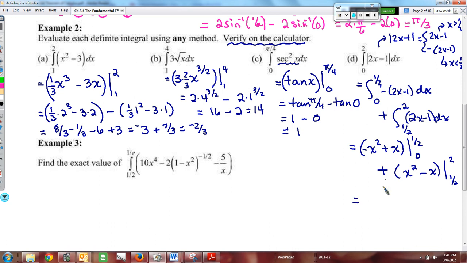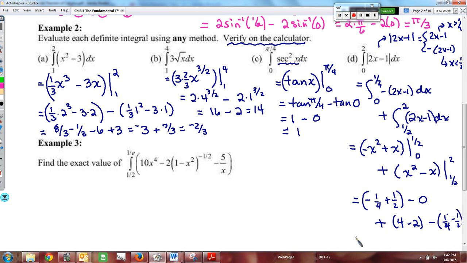And we basically plug and chug. We find the first antiderivative and plug in 1/2. So we would have our negative 1/4 plus 1/2. And then we find net change, subtract when we plug in 0, which hopefully you can see you're going to get 0. And then add that to the net change in the second part. We plug in the 2, so we're going to get 4 minus 2, minus, when you plug in 1/2, which is going to be 1/2 squared, so 1/4, minus 1/2.